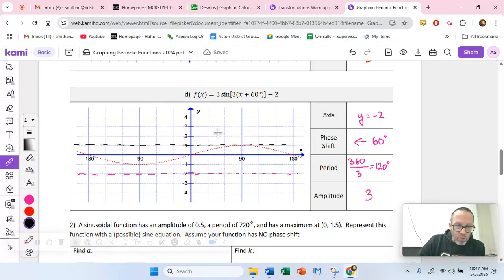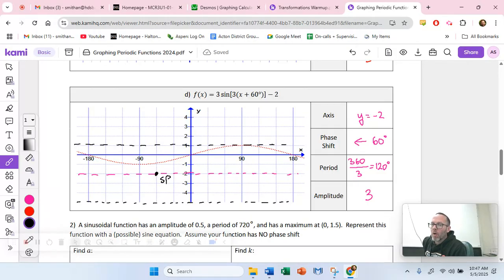And we're going to go down to -5. And our phase shift is left 60 degrees. So we're going to start here. And then the rest is just plotting some points.